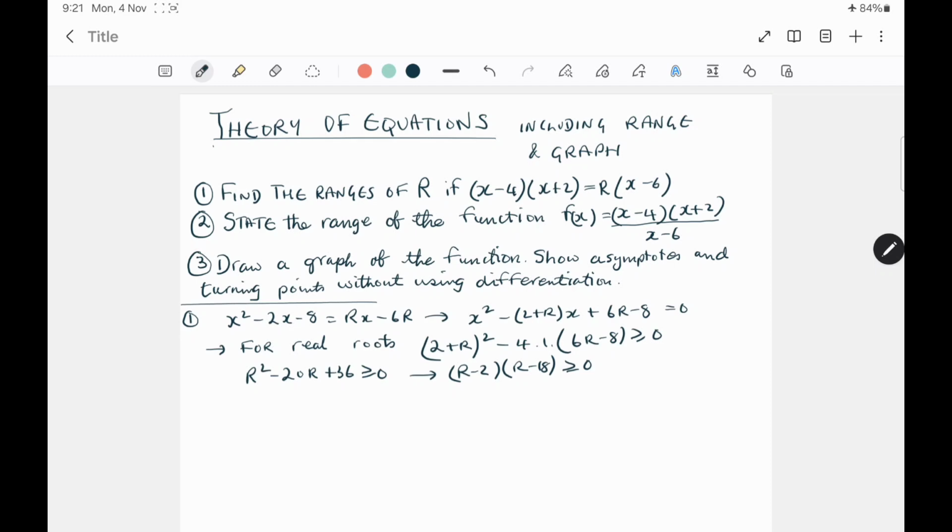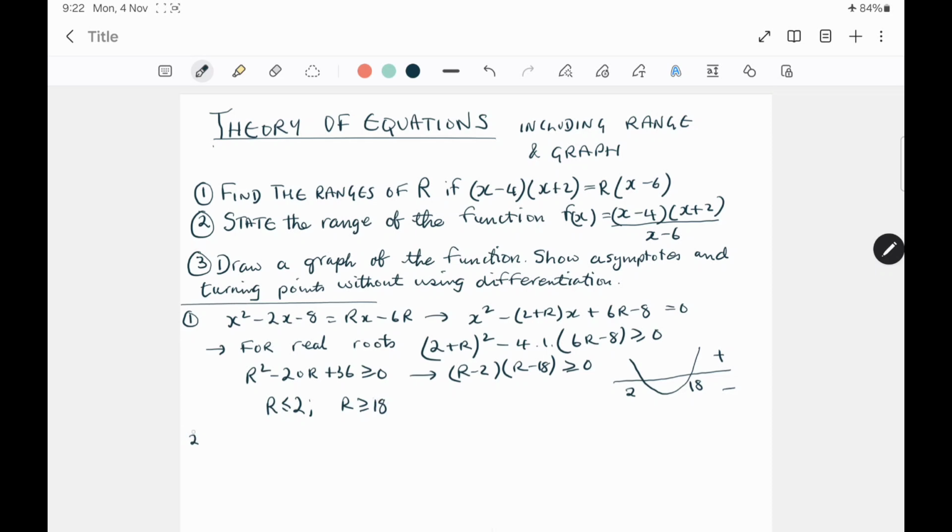So if you drew the graph of r versus x, what you would get is this. That's 2 and 18, and we want the bits which are the positive side. So r has to be equal to or less than 2, or r equal to or greater than 18.